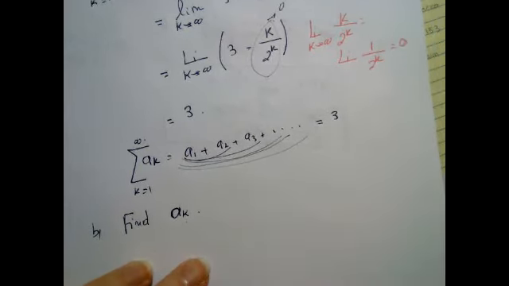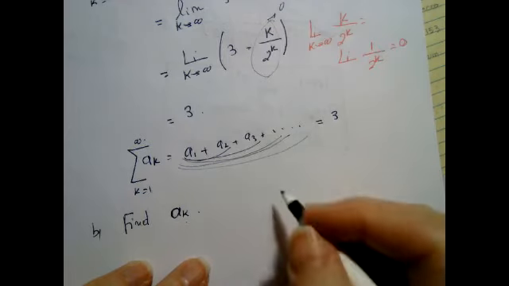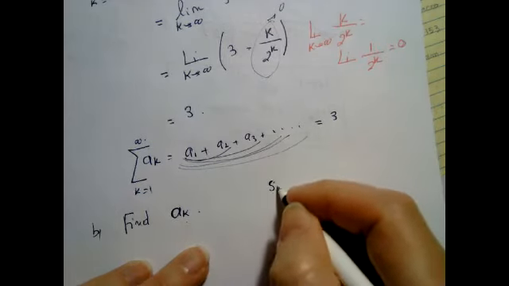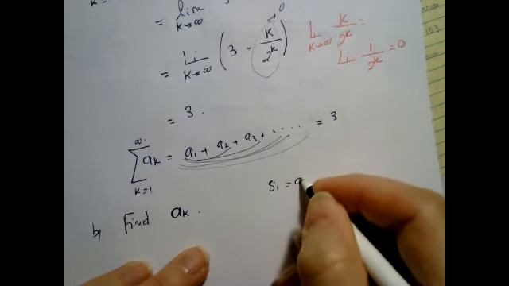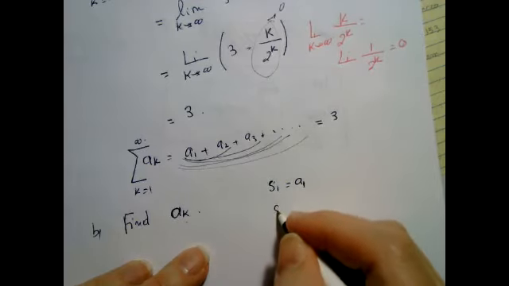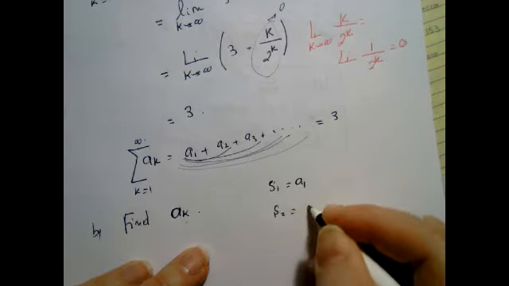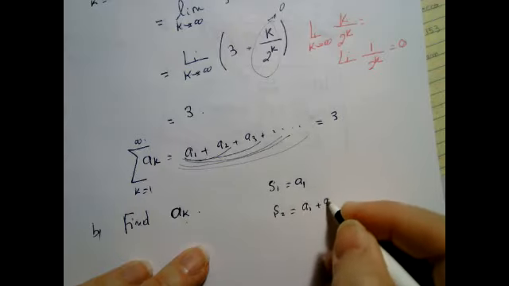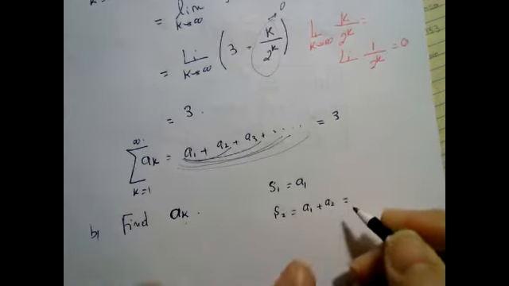Okay, I will show you the picture again, and I want you to be able to figure it out. So S1 is a1, right? That's S1. S2 is a1 plus a2. And they give me the formula for it.